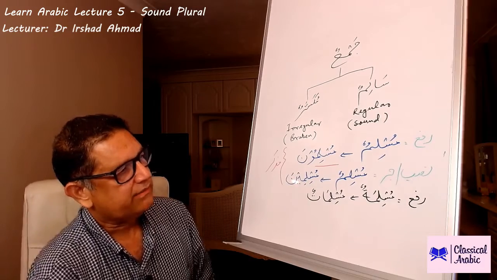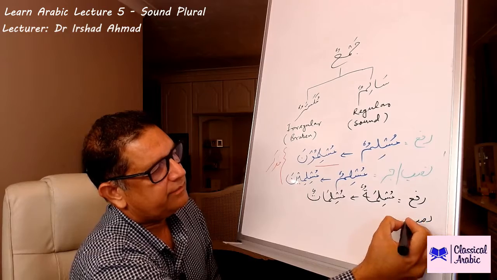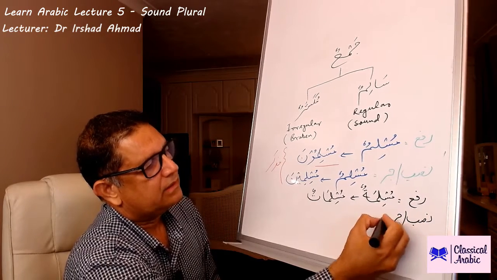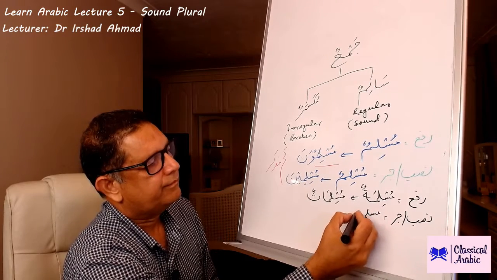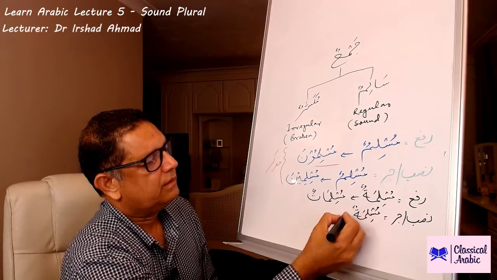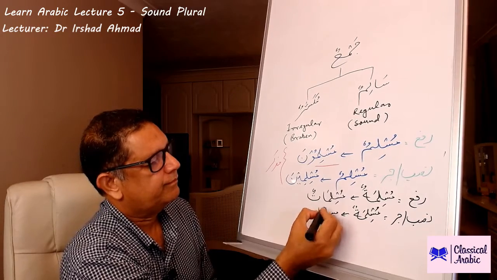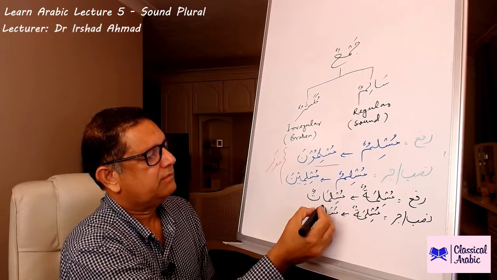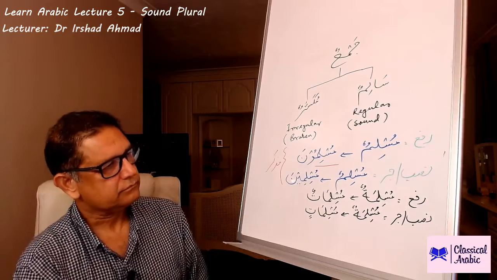So that is rafa. And again in nasab and jar, only one form, one shape, nasab and jar. So from muslimatun, we get muslimatin.